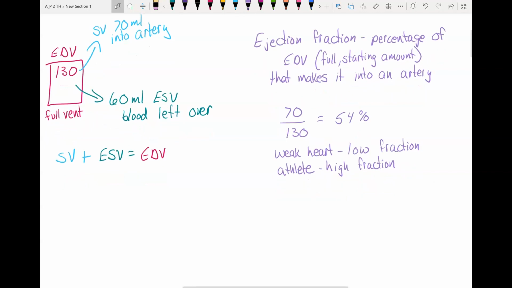Think about when you have sympathetic stimulation. You know how your heart pounds when you have a fight or flight reaction? Well, when your heart is pounding like that and contracting more forcefully, you're going to have a higher fraction. So remember, sympathetic makes you have more force in your contraction, and that more force will give you a higher ejection fraction.